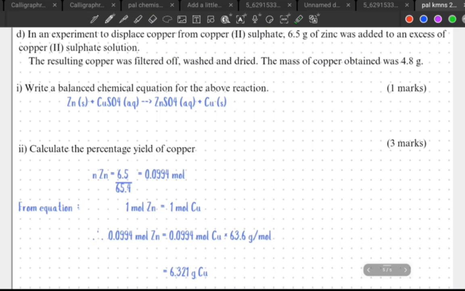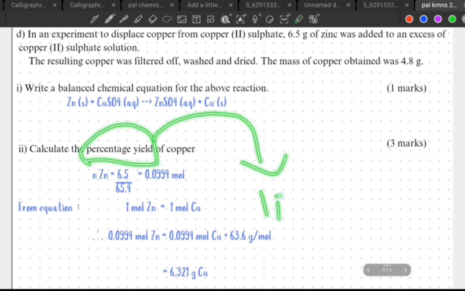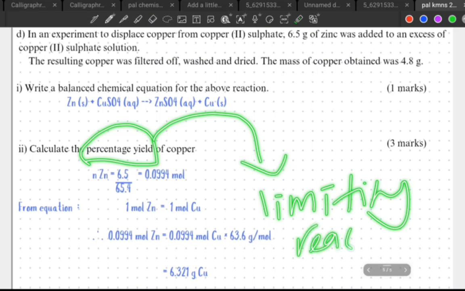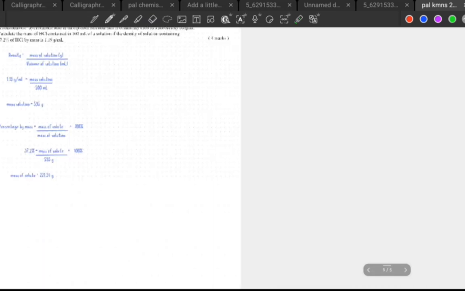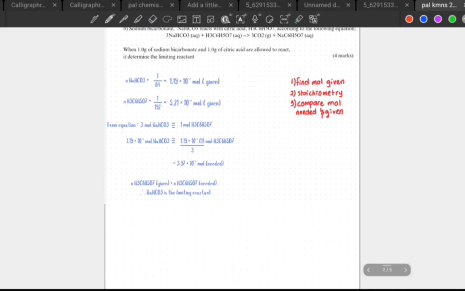When we want to determine the percentage yield, it is actually related with the limiting reactant. What I said just now, for limiting reactant, we have 3 simple steps.